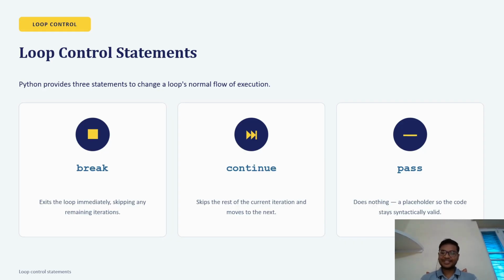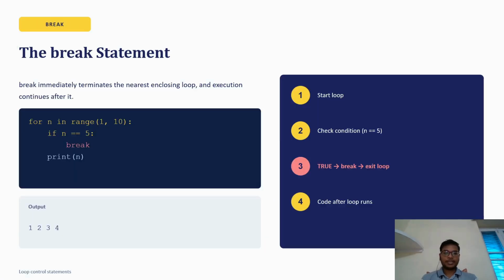I will deal with some examples. It just does nothing, a placeholder, so the code stays syntactically valid. So this is all about break, continue, and pass in loop control statements.